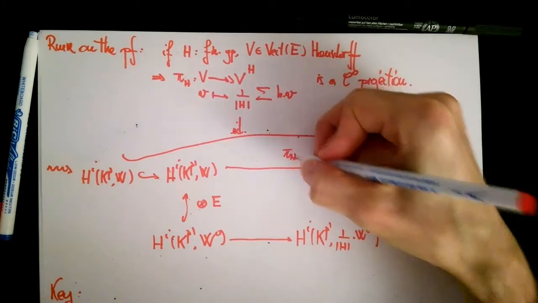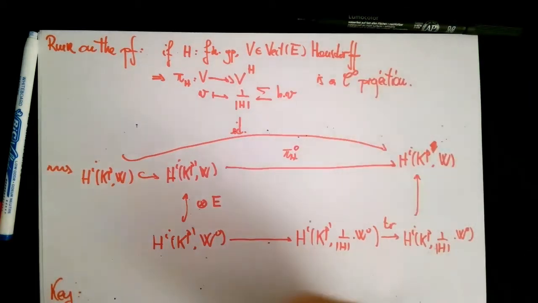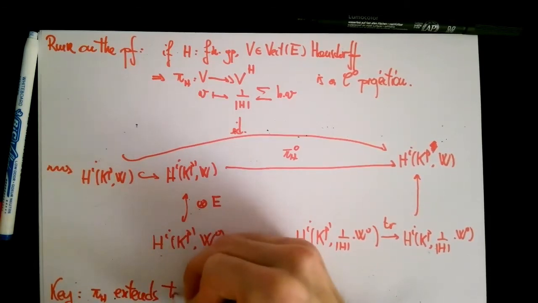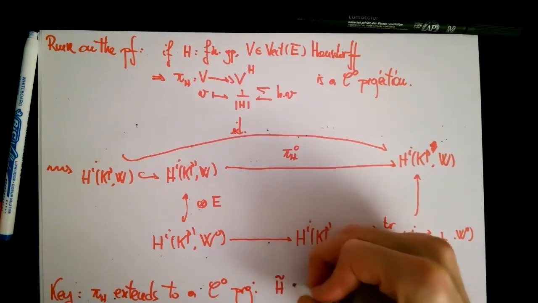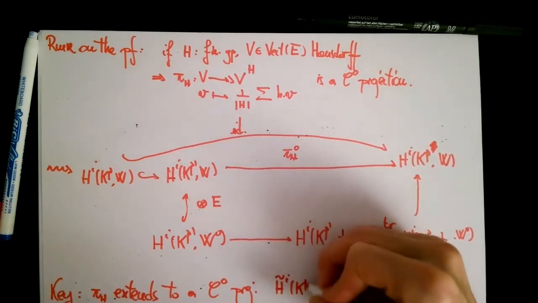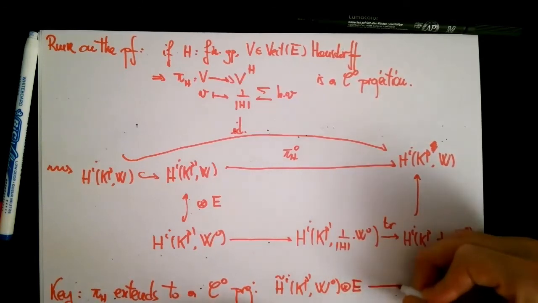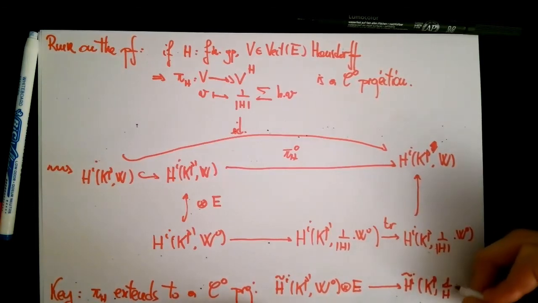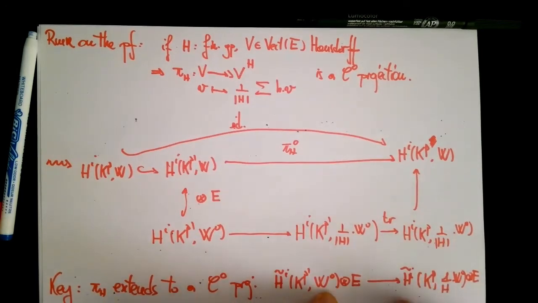So the key point is that pi H extends to a continuous projection from the H^i K^p prime W naught tensor E to H^i K^p, 1 over H W naught times E. But the point is that eventually, when I take the limit over all possible lattices, this stabilizes.